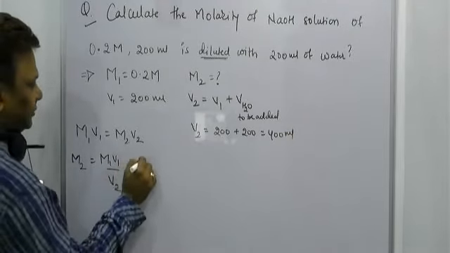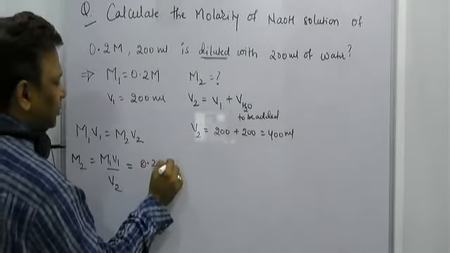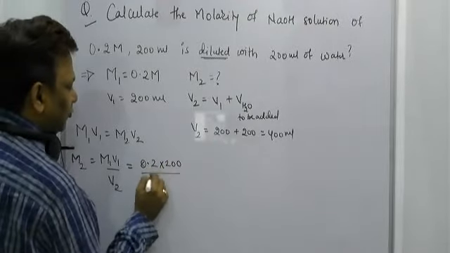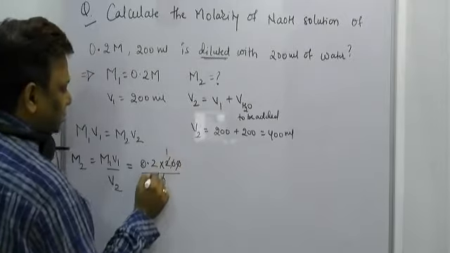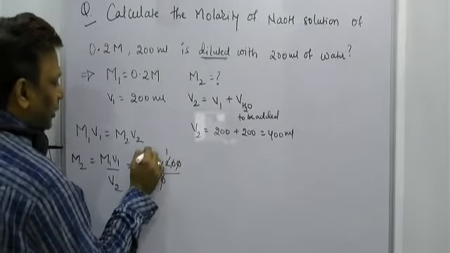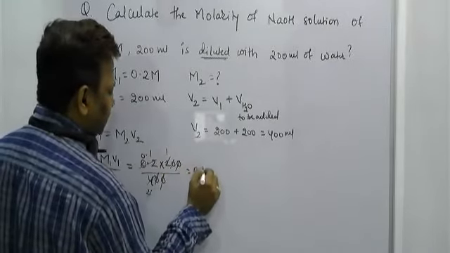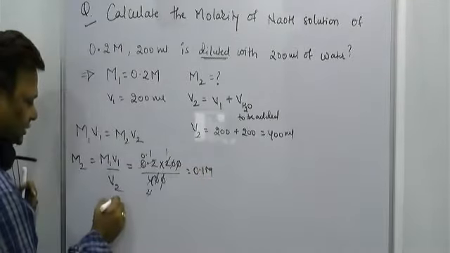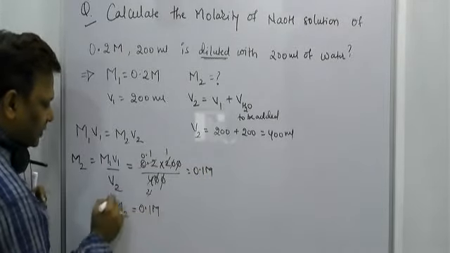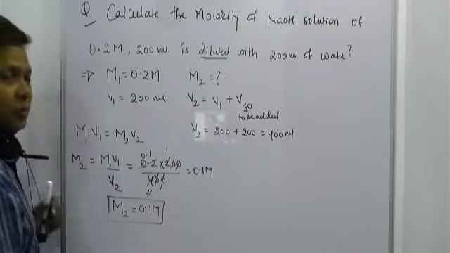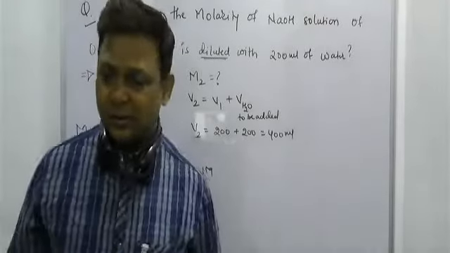What is M1? 0.2. What is V1? 200. What is V2? 400. Two ones are 2, two twos are 4. The concentration is 0.1 molar. So we can say the new concentration of the solution is 0.1 molar. Right, beta? Chalo, take a screenshot.